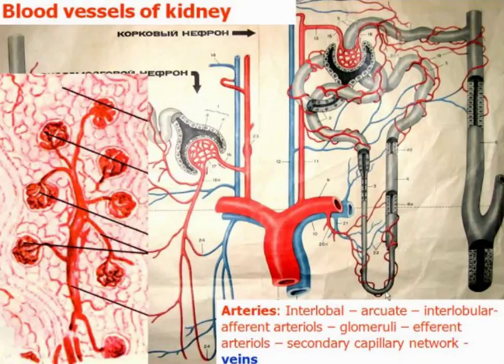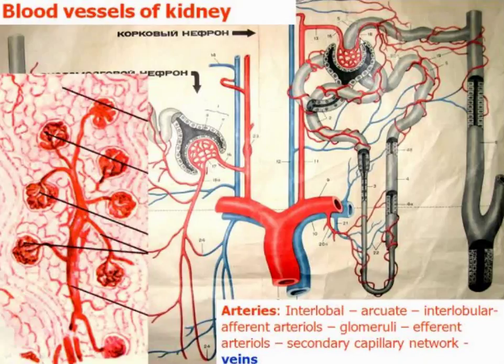Blood vessels of the kidney: the renal artery branches into interlobar arteries, then arcuate arteries at the level between cortex and medulla, then interlobular arteries, afferent arterioles, and a capillary network, the glomerulus.